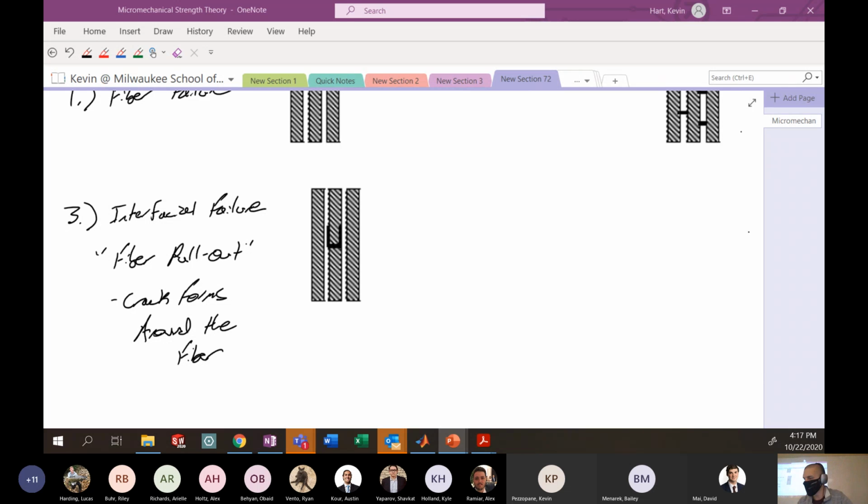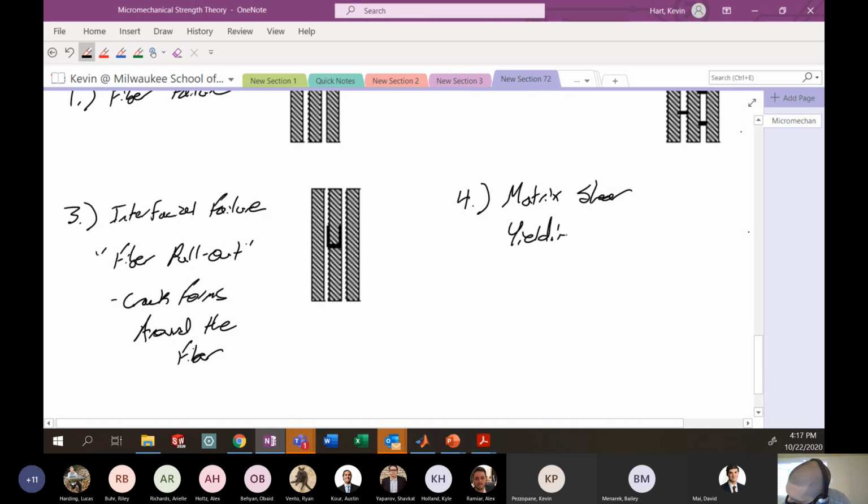And the last one that you might see, that we're specifically going to talk about for unidirectional composites, is shear yielding in the matrix. This really tends to happen with thermoplastic materials more than thermoset materials, because thermoplastic materials can have a yielding behavior.